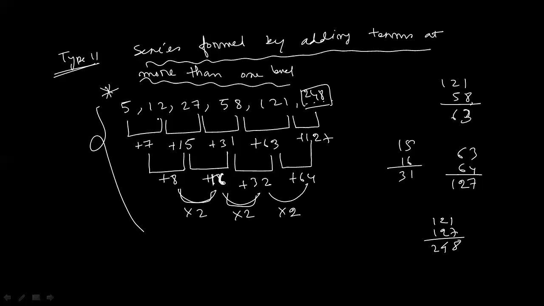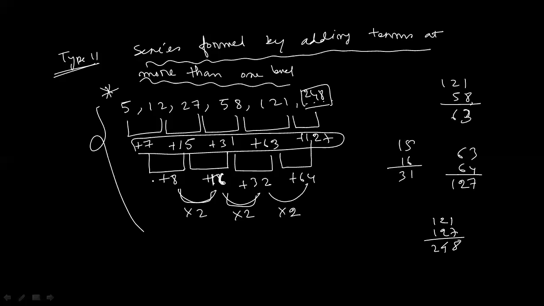So see, first you have to see the difference. 12 minus 5 is 7, 27 minus 12 is 15, 58 minus 27 is 31, 121 minus 58 is 63. Up to this, you will not get any pattern.